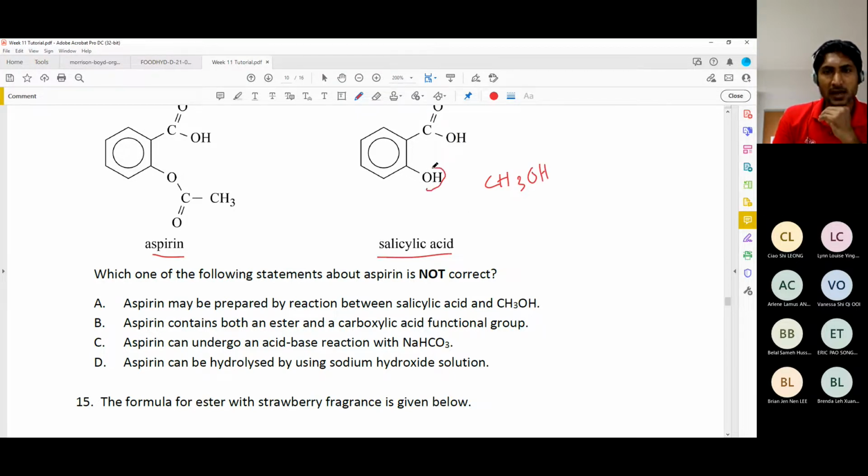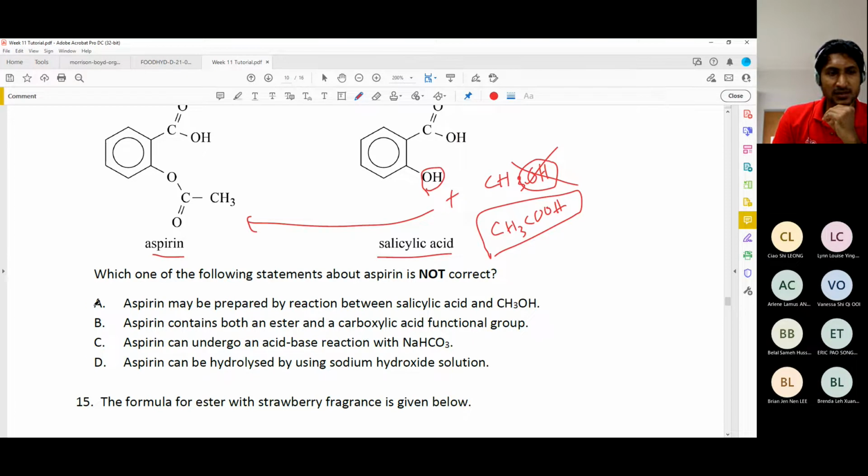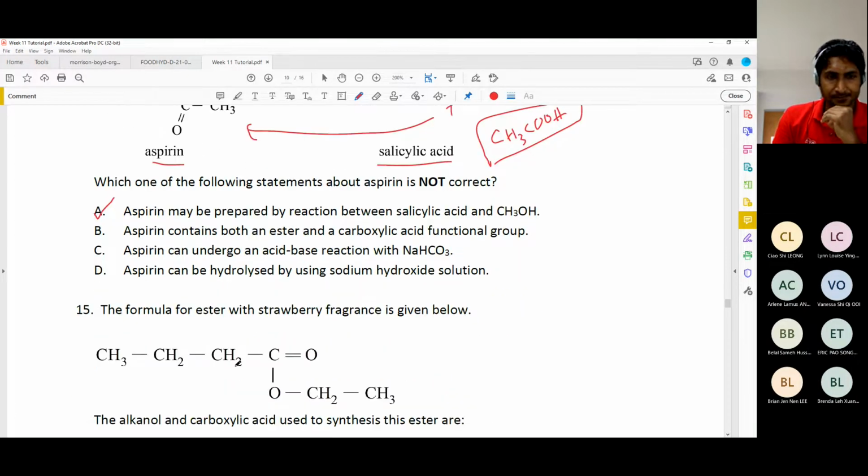No, because both are a hydroxyl group. I need a COOH group, right? And in that case, I would need CH3COOH. Only then would this ester be produced. So by reacting with this plus this, it will be produced, but not with CH3OH. So this is not correct. And the rest are correct actually.